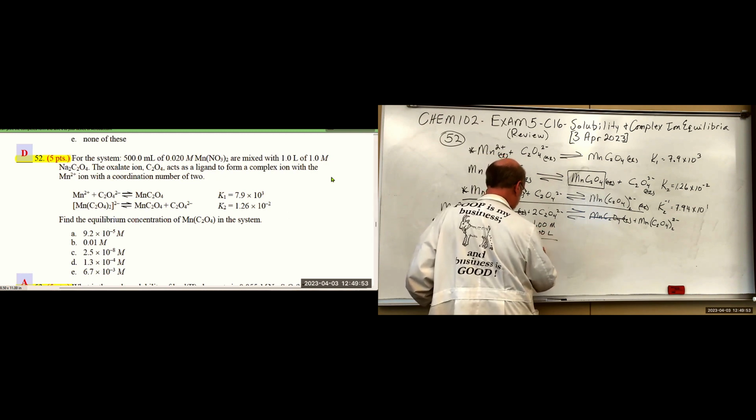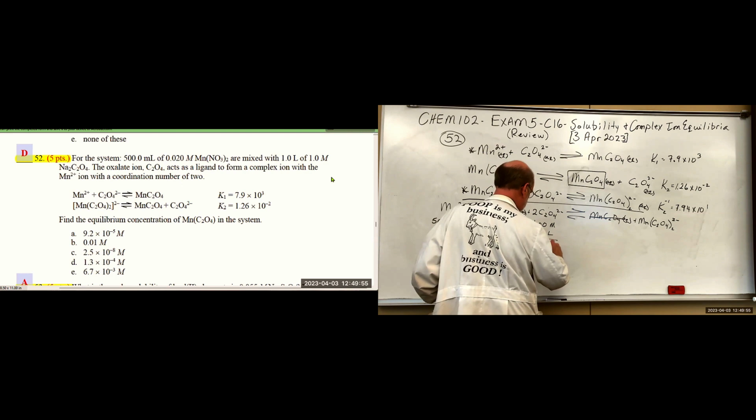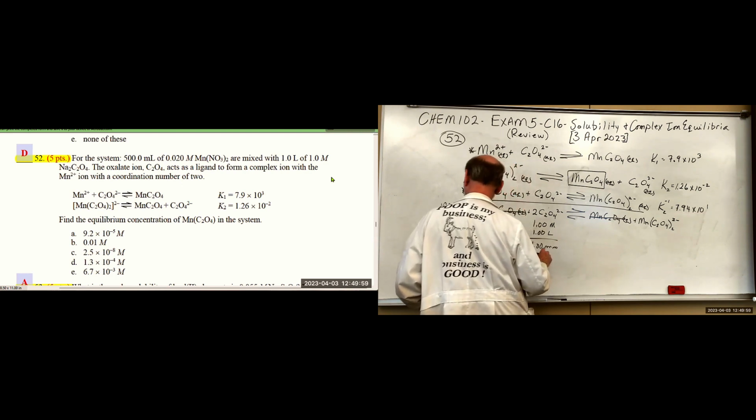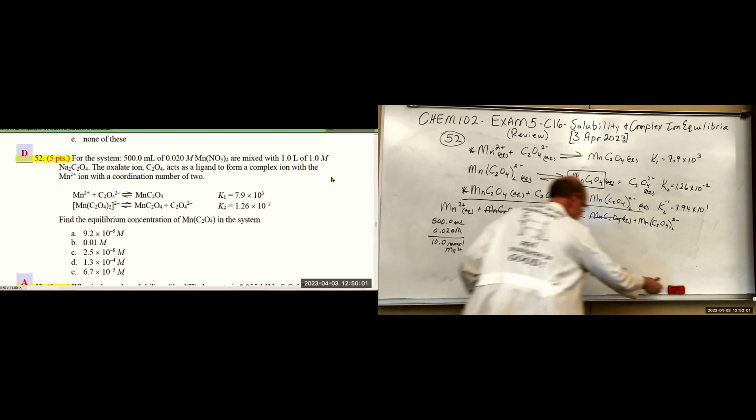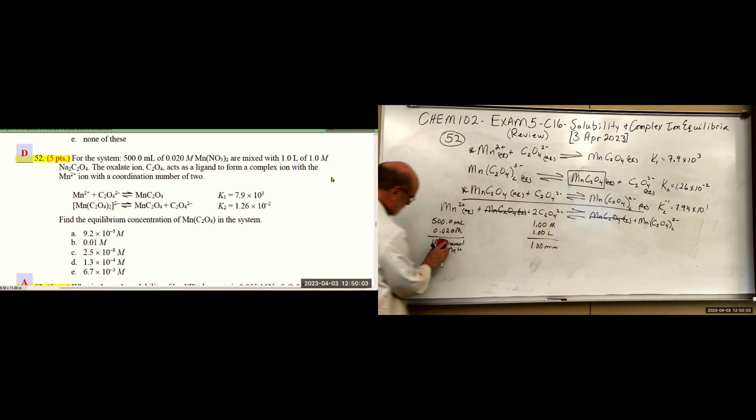So we're starting off with 1.00 millimoles. Oh, excuse me, that's moles. Let me correct myself here. 500 milliliters is 0.5000 liters.